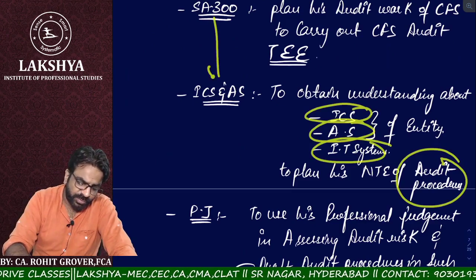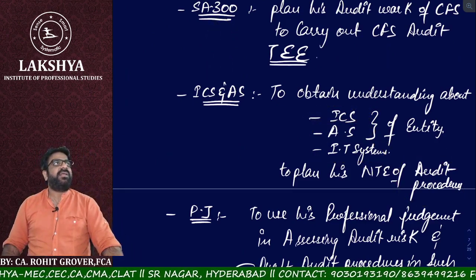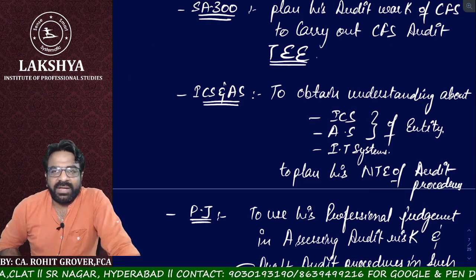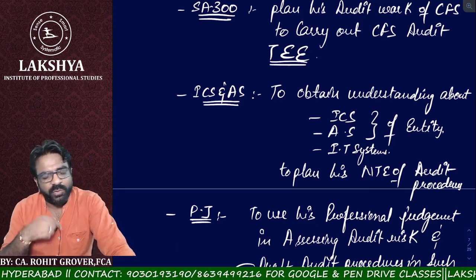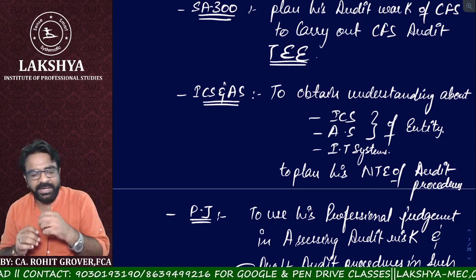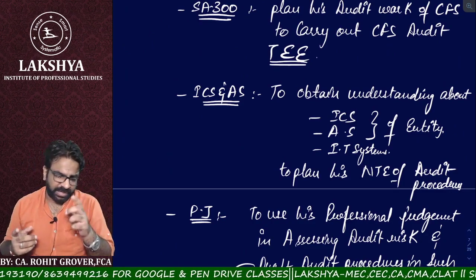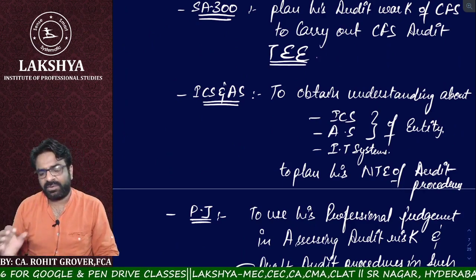So you can say that these two points are interconnected with each other. I have to plan my audit in such a way that I can conduct my CFS audit in an effective, timely, and efficient manner, point number one. And I have to obtain a better understanding of their internal control system, accounting system, and IT system so that I can plan the nature, time, and extent of audit procedures.